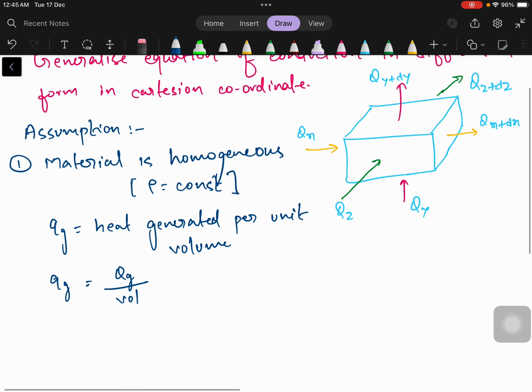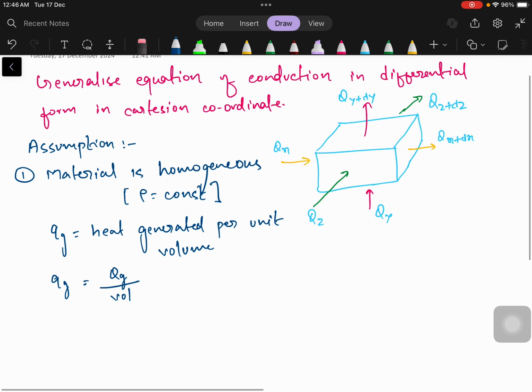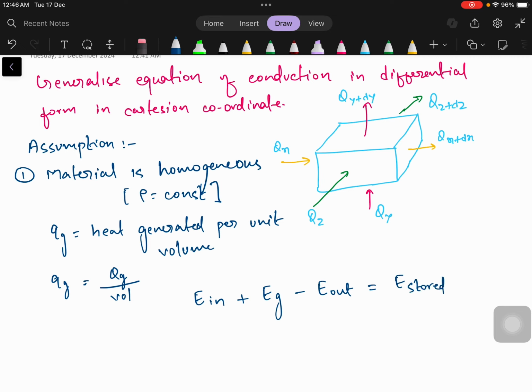So from the energy equation we can write E in plus E generated minus E out equals E stored.